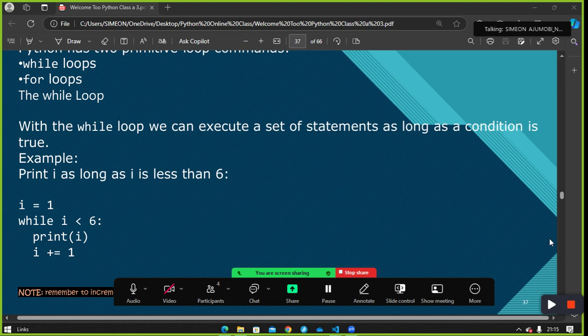If number is equals to 46, I want it to stop actually, then break. If number is equals to 46, break.